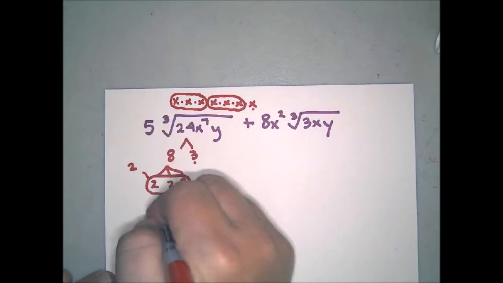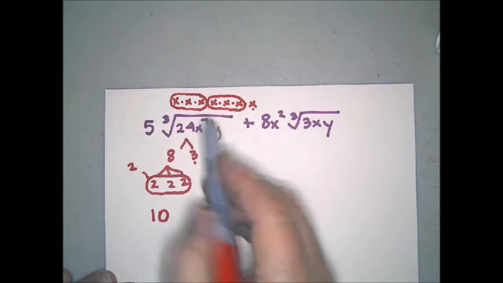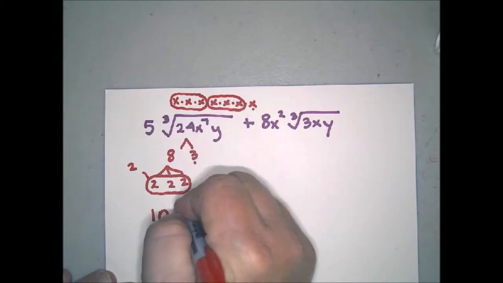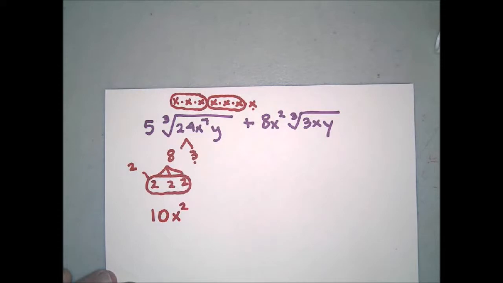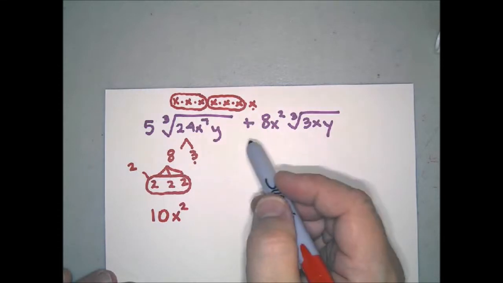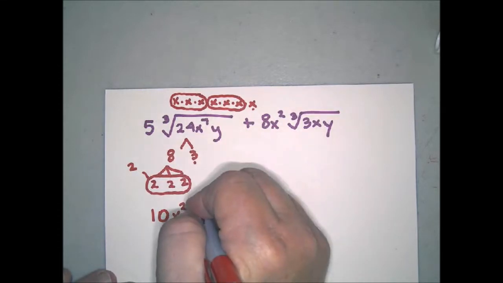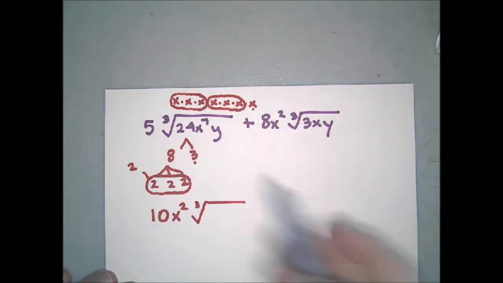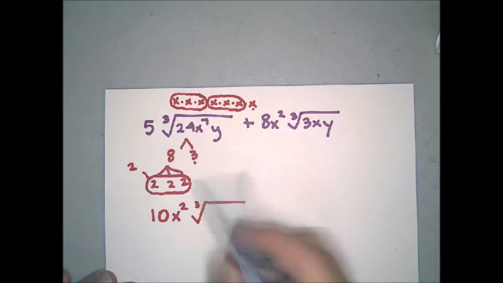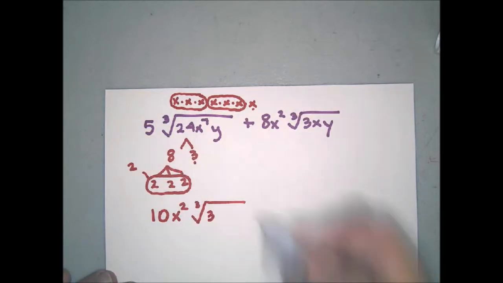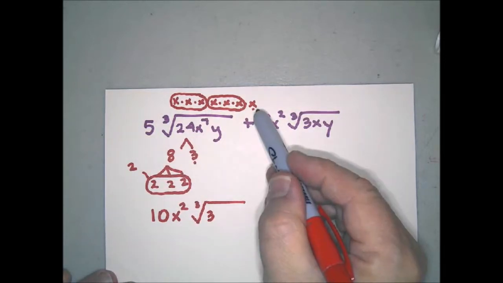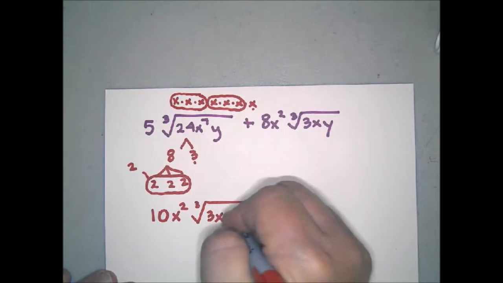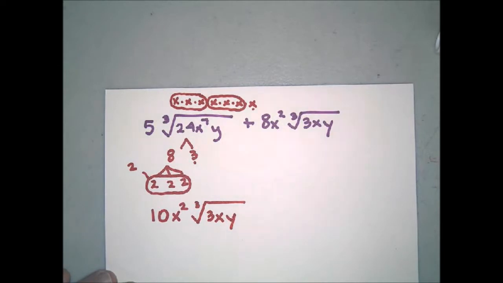So that makes 10. 2 times 5 is 10. X squared came out. And that's all that came out. Now I have cube root. Let's figure out what stayed in. There was a 3 that stayed in. There was an x that stayed in, and there's our one lonely y that couldn't go anywhere.